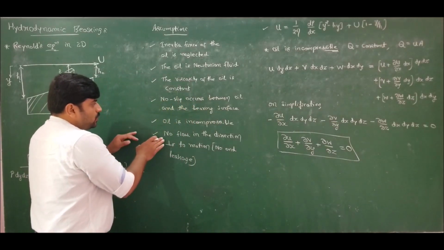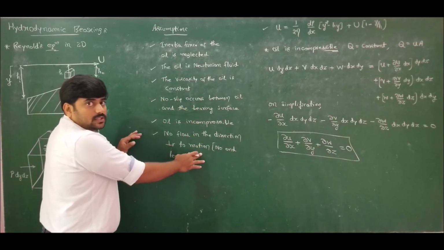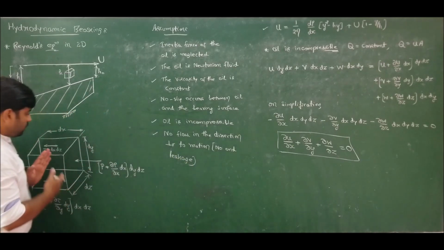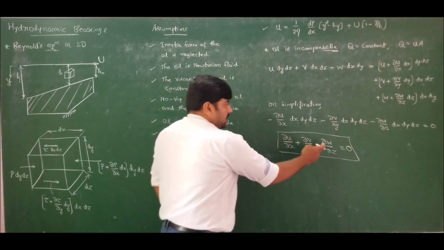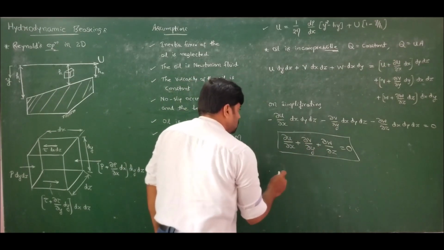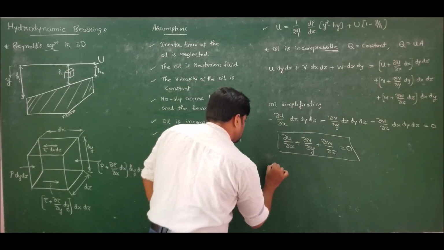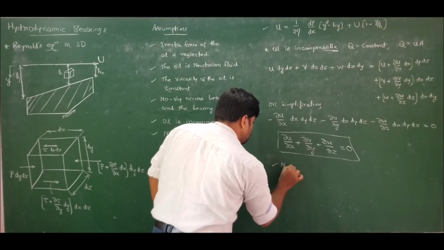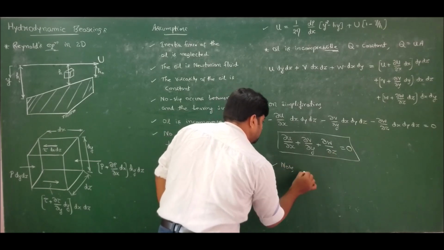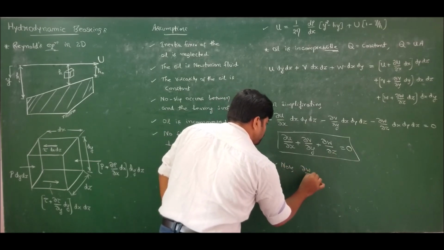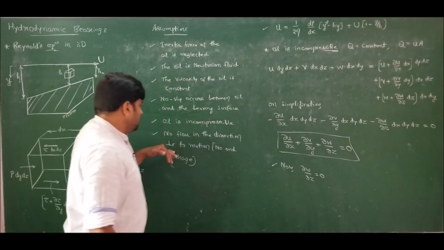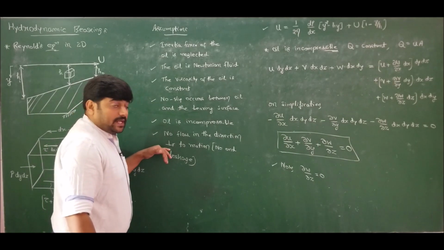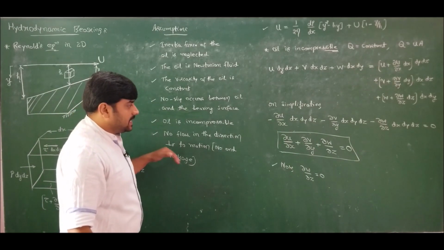Now move to the next assumption. Our next assumption is no flow in the direction perpendicular to motion. So what is the direction perpendicular to motion? That is the z direction, there is no flow.